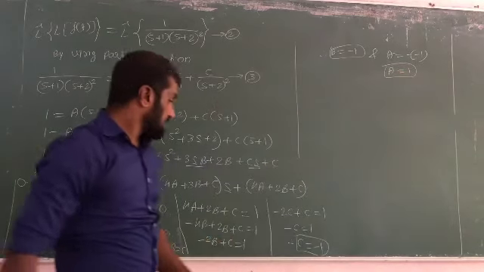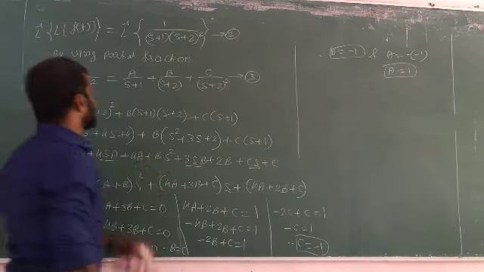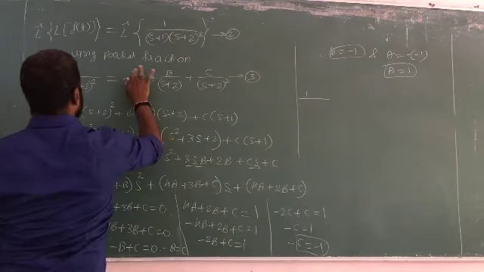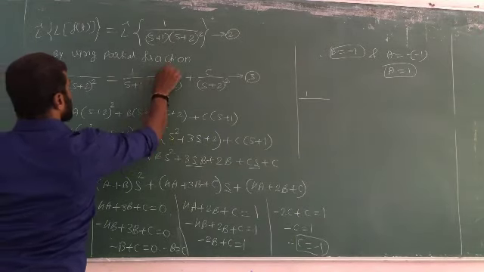Putting a is equal to 1, b is equal to minus 1 and c is equal to minus 1 in equation 3, we substitute. Therefore equation 3 becomes 1 minus 1.